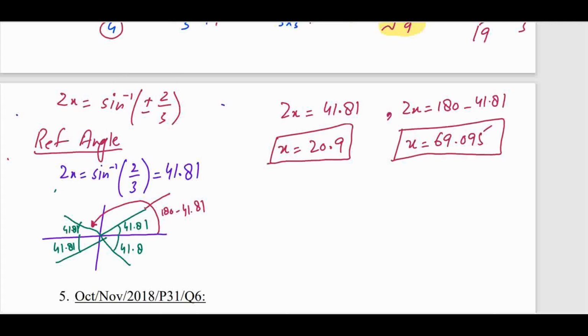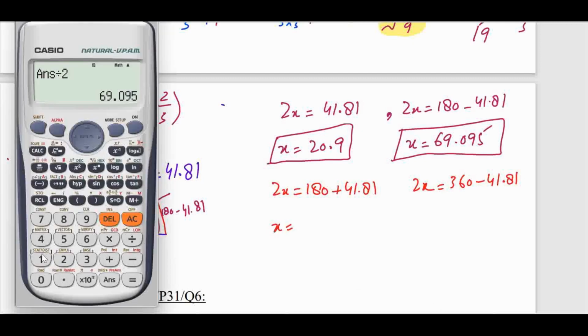Now let's find out the third one, that this complete angle will be 2x is equal to 180 plus 41.81, and the last one will be, for this portion, 2x is equal to 360 minus 41.81. So now from here we can see x will be equal to 180 plus 41.81, whole divided by 2.